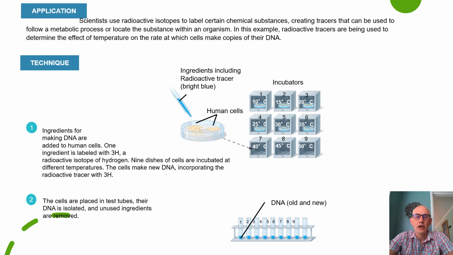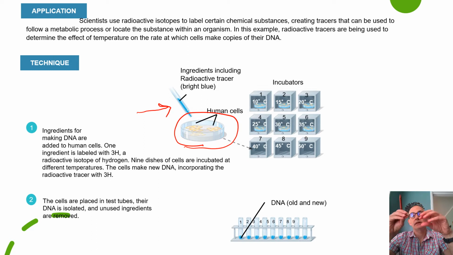So here they are cultivating some cells, and they give them a radioactive tracer, probably phosphorus, and then that phosphorus is included into the new DNA. As the human cells grow and replicate the DNA, then the radioactive DNA gets passed on, and they can trace that through the different generations, seeing where the radioactive DNA passes.